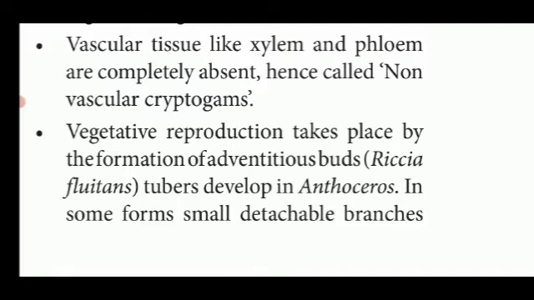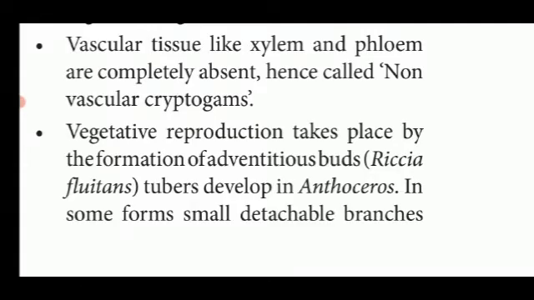The whole structure is green in color, so all parts of these bryophytes are involved in the preparation of food. There are no food conducting elements for these plants, and water conducting elements are also absent. Hence they are called non-vascular cryptogams. Vascular means the presence of vascular bundles such as xylem and phloem. These plants do not contain xylem and phloem, so they are called non-vascular cryptogams. Cryptogams means non-flowering plants.